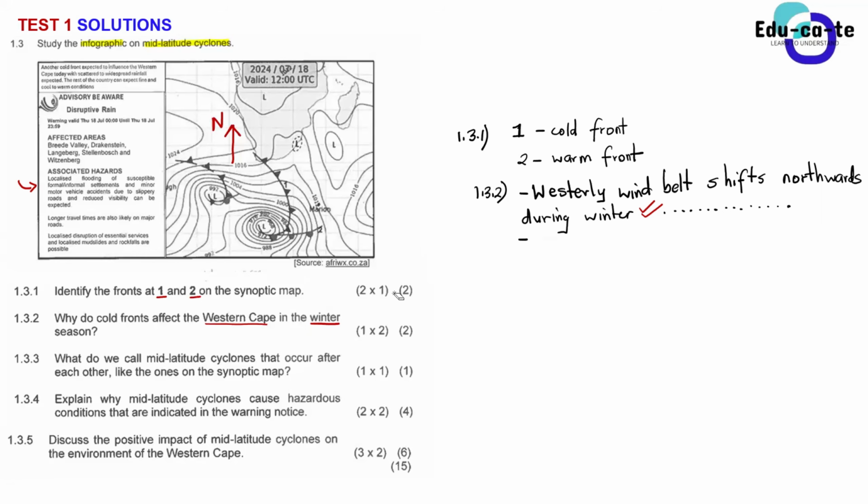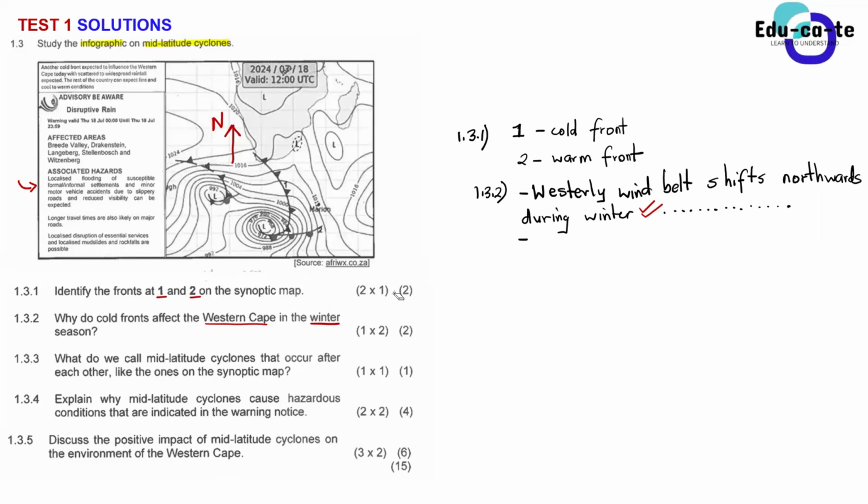You are seeing from the diagram that there's a cold front passing through the Western Cape. The question didn't really ask for the evidence that cold fronts are affecting the Western Cape per se. They are asking for the reason. Why are they in that position? If they'd said give a reason that the Western Cape is affected, you would just say that you are seeing a cold front passing through the interior.